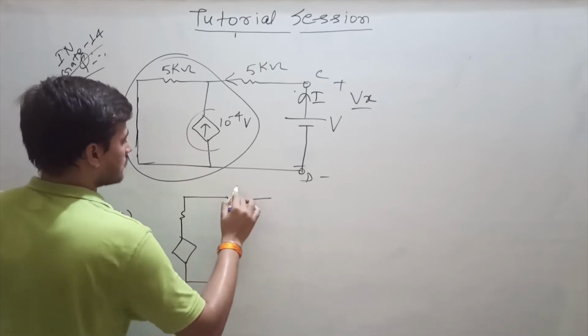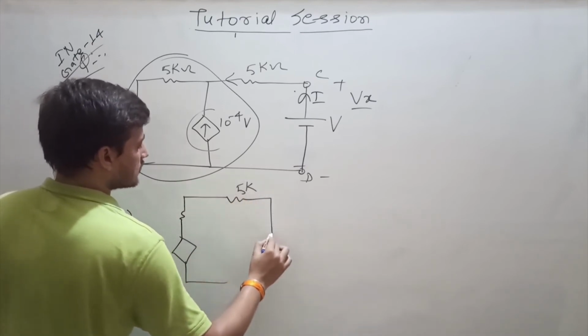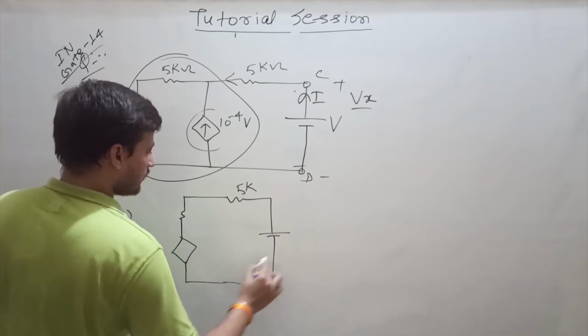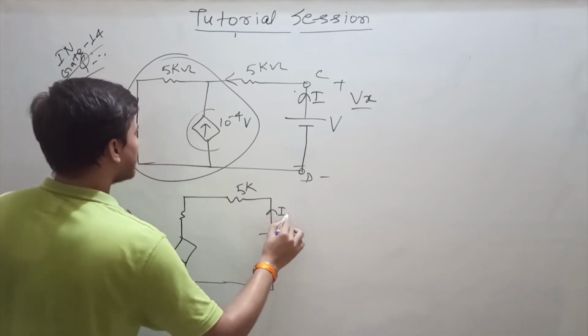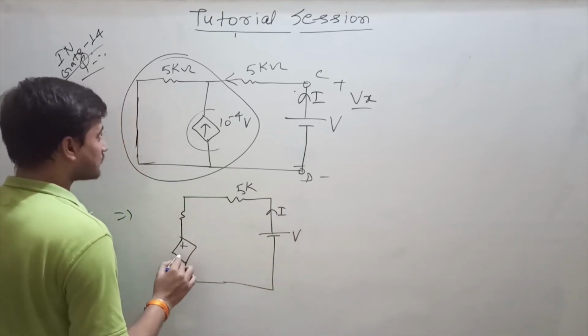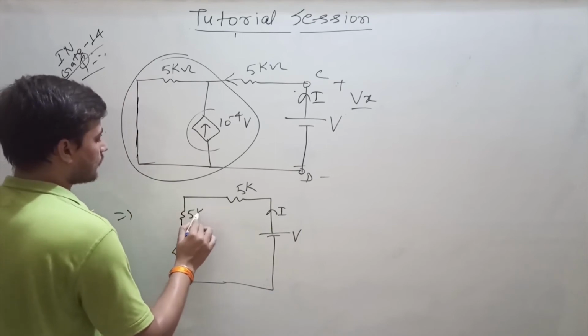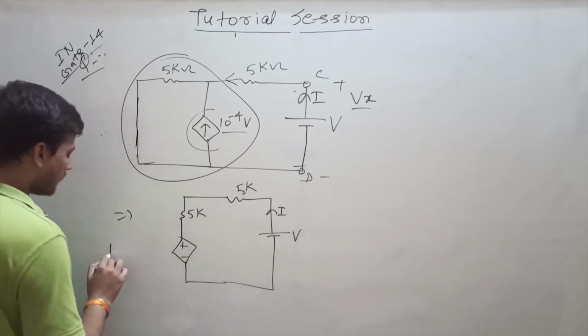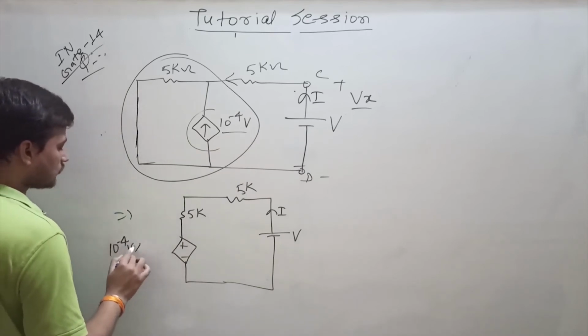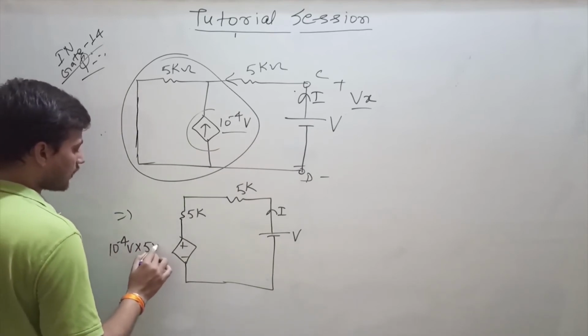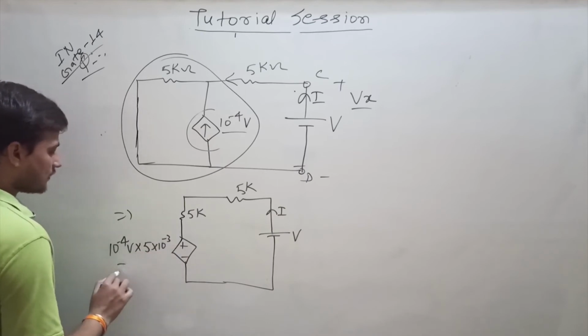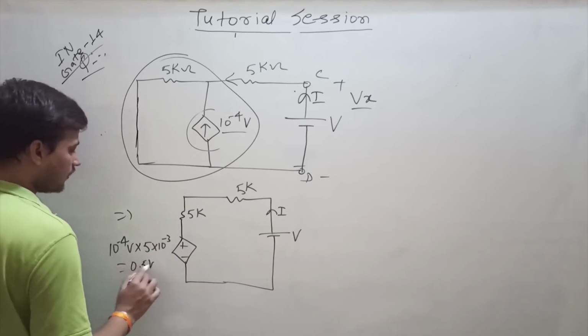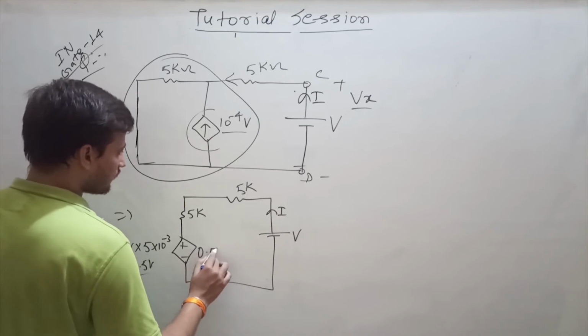This is 5 kilo ohm, this is V and I. Now what will happen to this one? 10 to the power minus 4 V into 5K, that is 5 into 10 to the power minus 3, which means it will be equal to 0.5V. So the potential will be 0.5V.